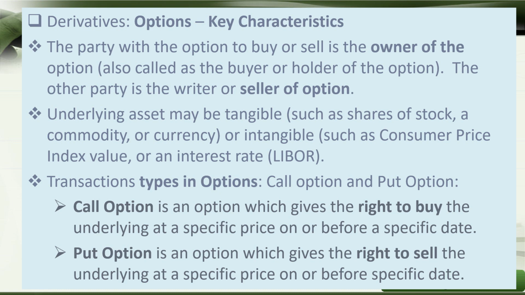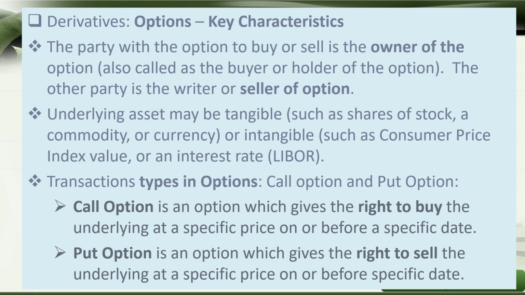Transaction types, as I said earlier, also in options: call option and put option. Call option is an option which gives the right to buy, not obligatory to buy. The right to buy the underlying at a specific price on or before a specific date. That is the last date, the specific date that he can exercise that option. That is the right, but not obligatory to exercise.